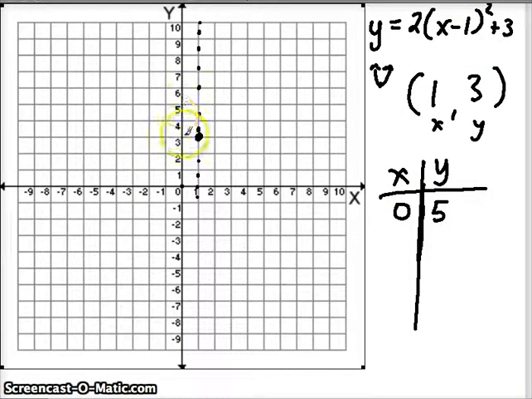So at 0, 5, there's a point on our parabola, and we know it's symmetrical, so we know that if we plugged in 2, we would get 5 just the same. And let's try and use one more, see if we can fit another dot on there. So I'm going to keep going left. I'm going to try -1, see if that's easy to do. Well, -1 minus 1 is -2. -2 squared is +4. +4 times 2 is 8, and 8 plus 3 is 11.